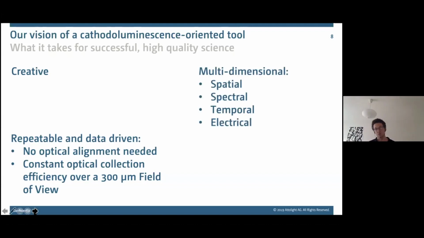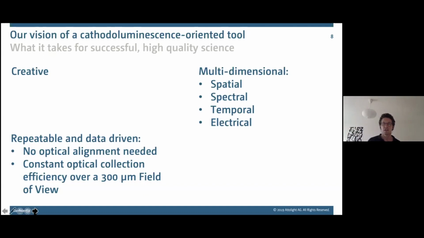We want science to be multidimensional, so you see more and more of all these things about correlative microscopy, about gaining more and more insights with the same tool, possibly at the same time. So spatial and spectral, I've already talked about. This is the hyperspectral map. We made our tool temporal, meaning we pulse the electron gun with a laser, and so you can have ultra-fast information about lifetimes and ultra-fast decays.